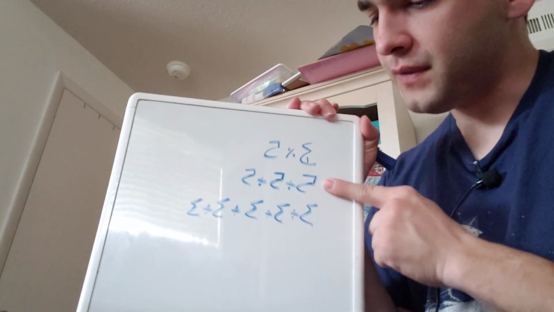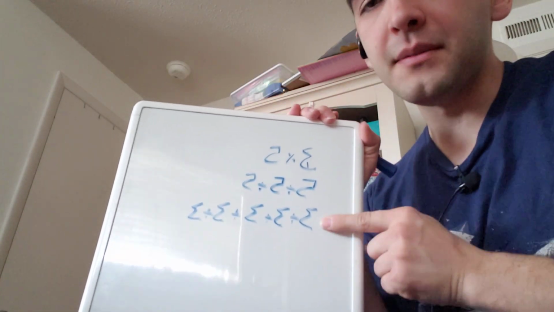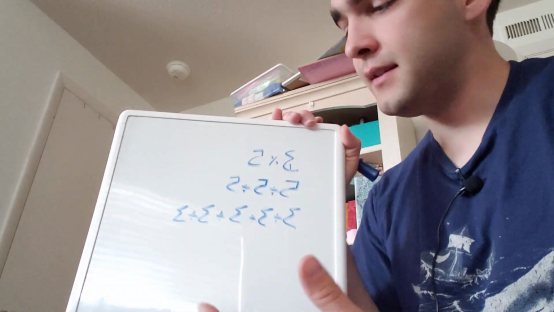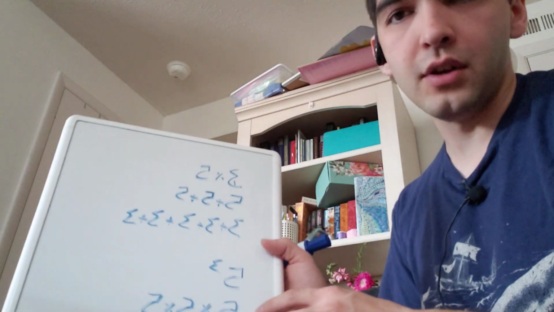It's either 3 groups of 5 or 5 groups of 3. And it doesn't matter which. You can look at it either way, and it's valid. Exponents, that doesn't work. So 5 to the 3 is equal to 5 times 5 times 5, but it's not equal to 3 times 3 times 3 times 3 times 3. Those two things aren't the same.